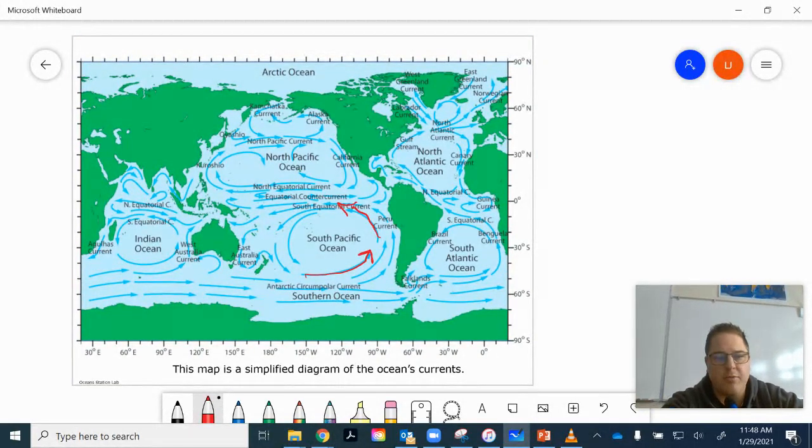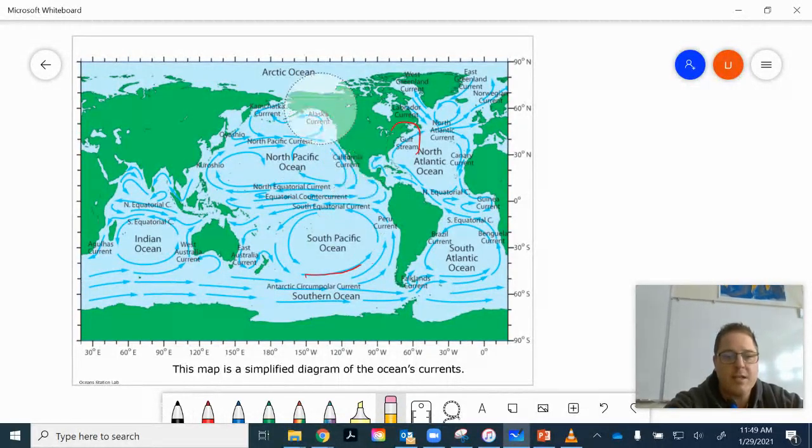And there's actually names for these: North Equatorial Current, Equatorial Countercurrent, the South Equatorial Current, the Gulf Stream Current, the California Current, the Alaskan Current. You can see there's a ton of different currents listed. That's because the ocean is always, believe it or not, moving. And so these currents go throughout our oceans.